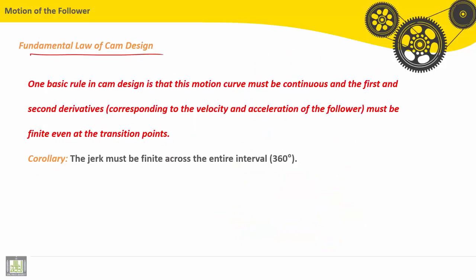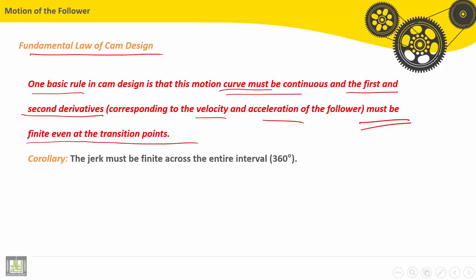As a fundamental law for cam design, one basic rule is that this motion curve must be continuous, and the first and second derivatives, that means velocity and acceleration of the follower, must be finite, even at the transition points. Thus, the jerk must be finite across the entire interval.